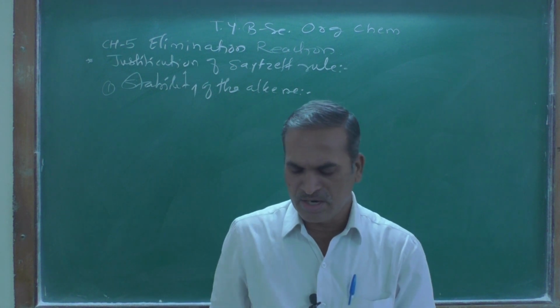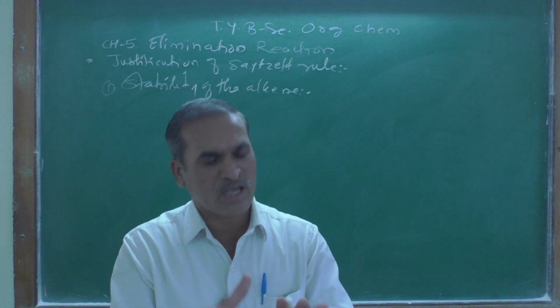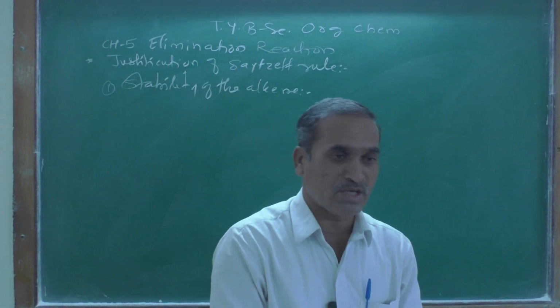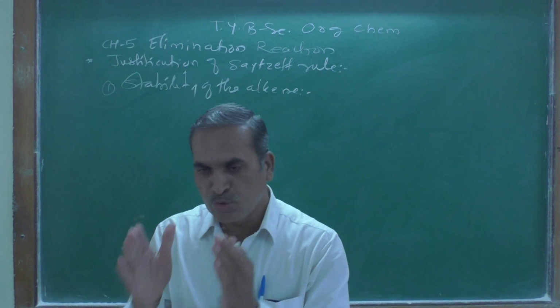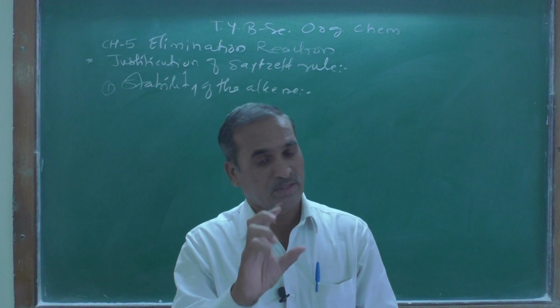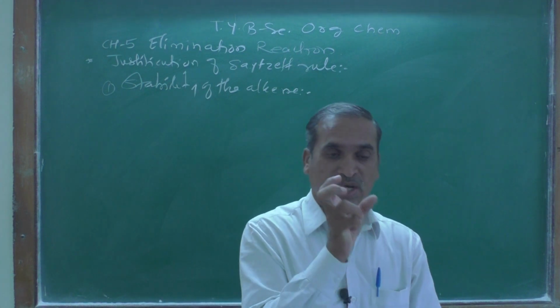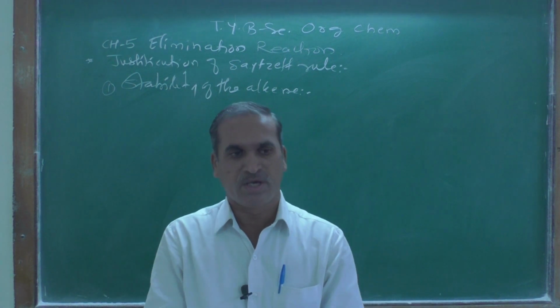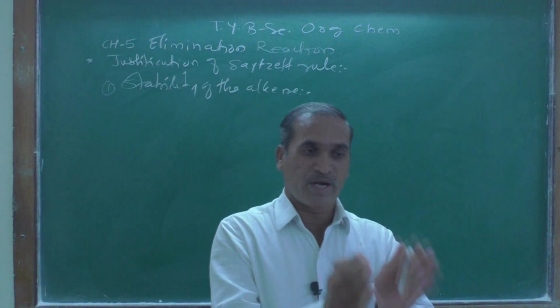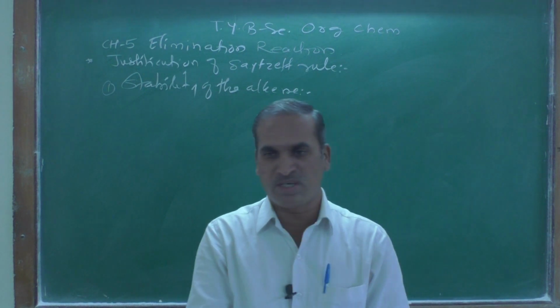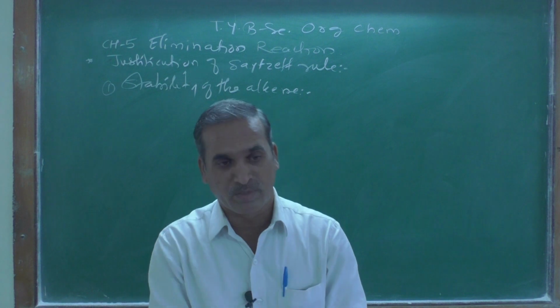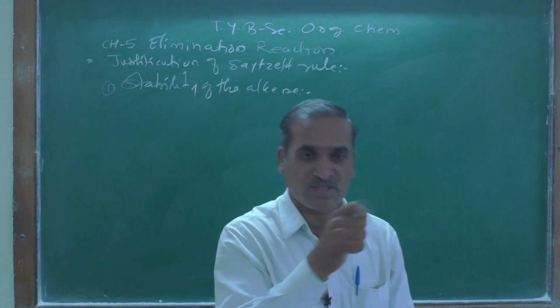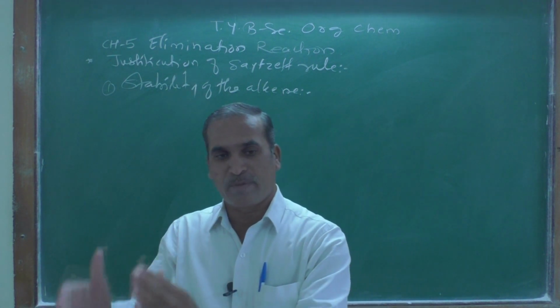As we know, in the case of geometrical isomers, do you remember geometrical isomers? That is a stereochemistry concept here in T.Y.B.Sc. You might have learned, or you might be quite familiar with this word, geometrical isomer. There are certain criteria for a geometrical isomer.